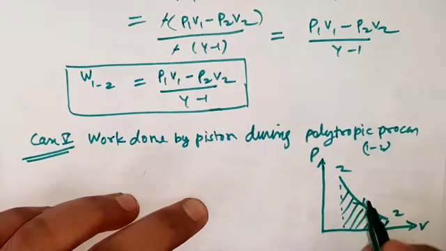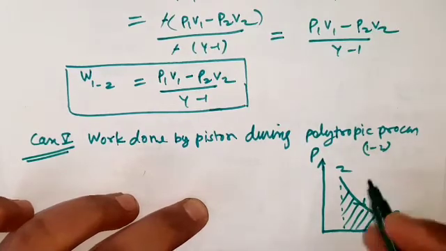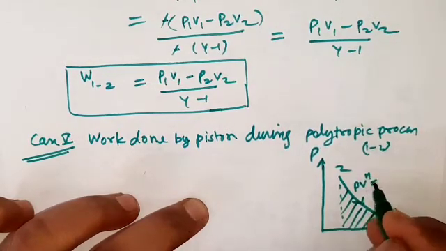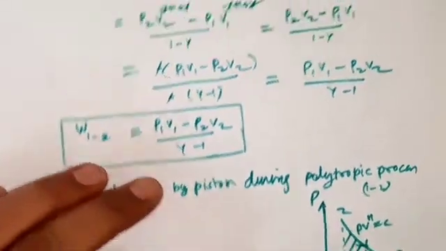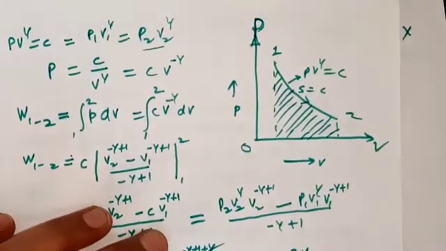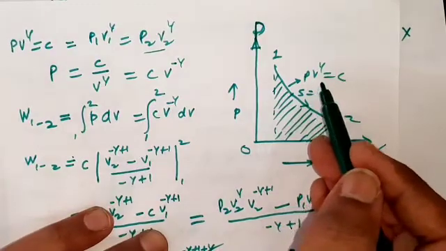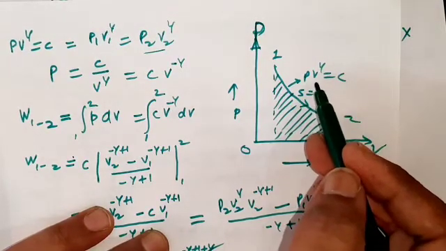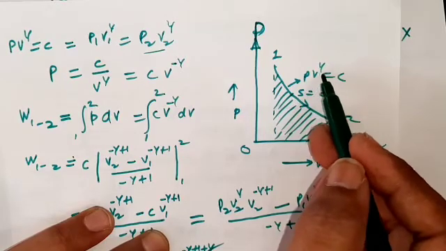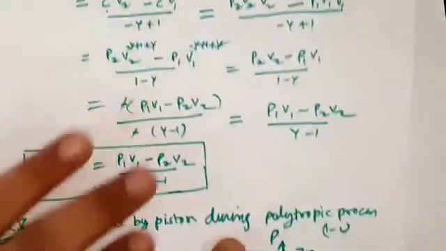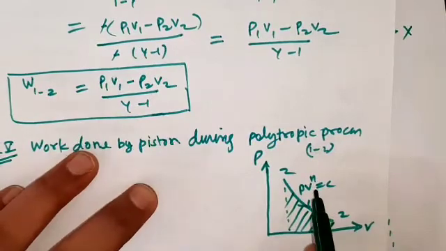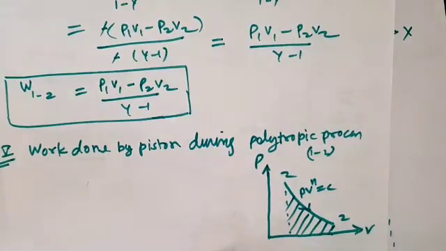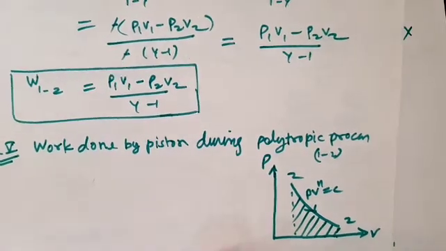In this case, this will follow the law PV to the power n is equal to constant, and in the previous case it was following the law PV to the power gamma is equal to constant. So the only difference is gamma and n. So n is the polytropic index. So the same relation will be there for this case.